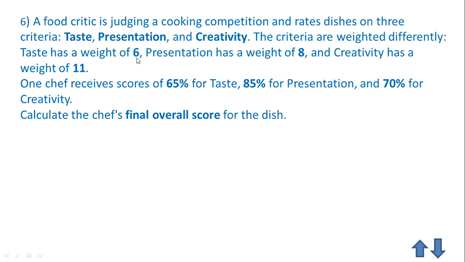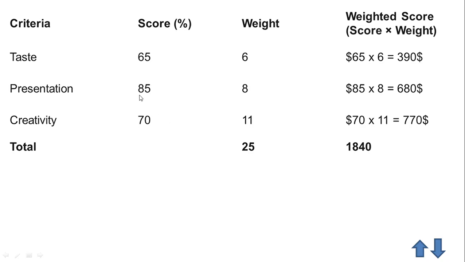They are giving us the weights of presentation, creativity and taste, and we have their respective scores. So here we can develop a table. These weights can act as frequencies. We have criteria, scores, taste 60, weight 6.